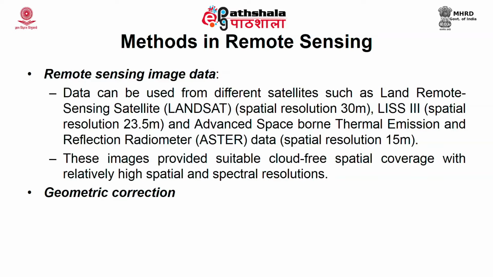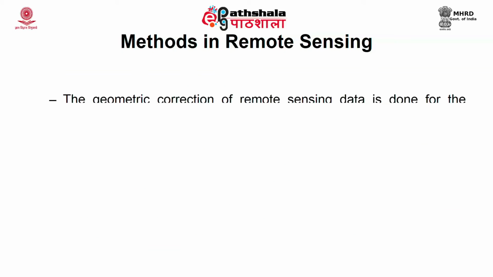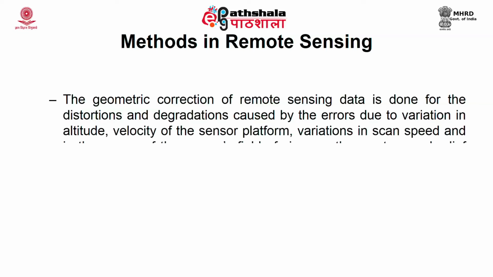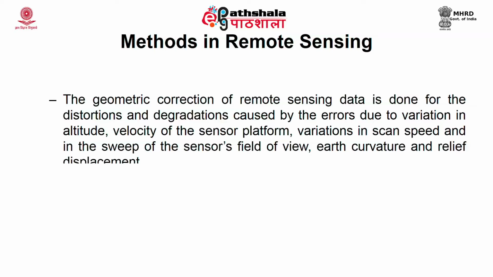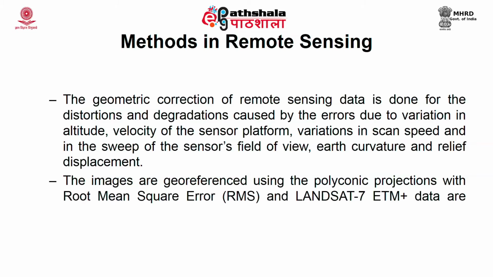The next one is geometric correction. Accurate registration of multispectral remote sensing data is essential for analyzing land use and land cover conditions of a particular geographic location. The geometric correction of remote sensing data is done for distortions and degradation caused by errors due to the variation in altitude, velocity of sensor platform, variation in scan speed and in the sweep of sensor's field of view, earth curvature and relief displacement.